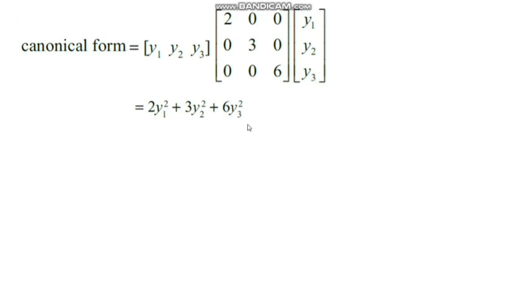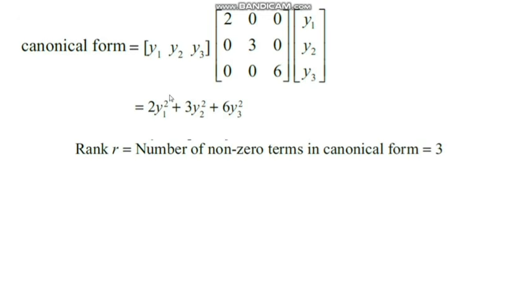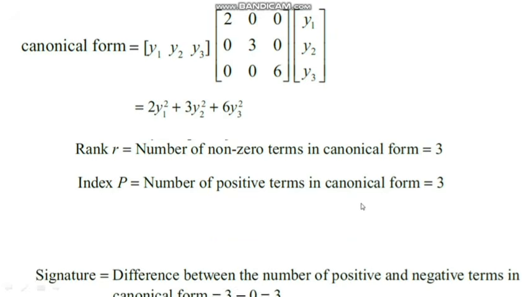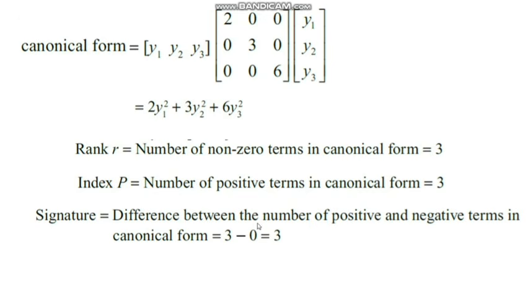Here we have to discuss the rank, index and signature of the quadratic form, apart from the nature of the quadratic form. The number of non-zero terms in the canonical form is 3, therefore the rank of the quadratic form is 3. The index is the number of positive terms present in the canonical form, which is 3, therefore the index of the quadratic form is 3. The signature is the difference between the number of positive terms and negative terms.